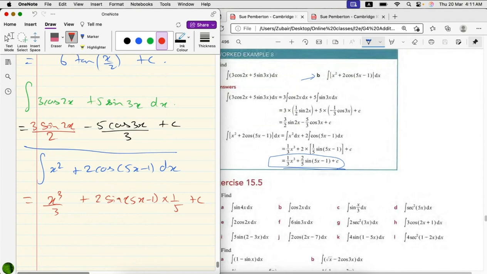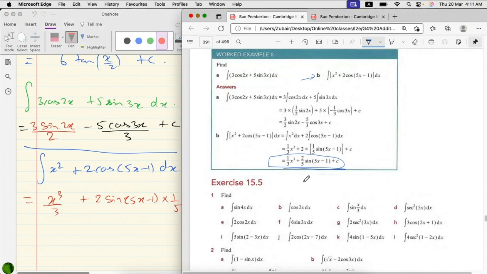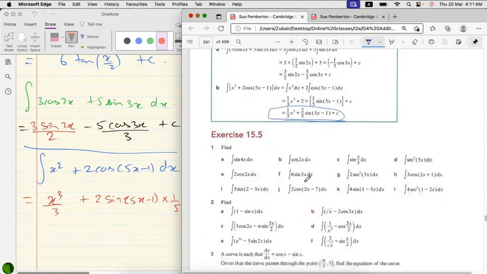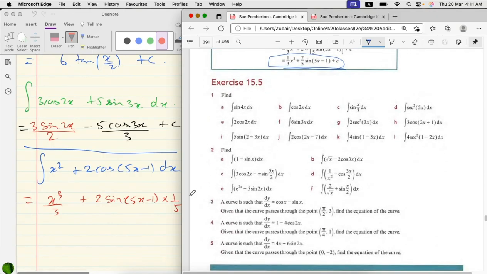Mm, so split it, and then afterwards integrate it separately, and then connect them back together.